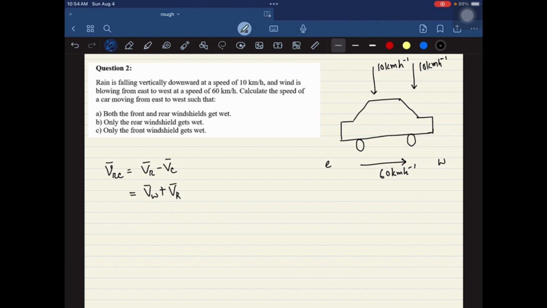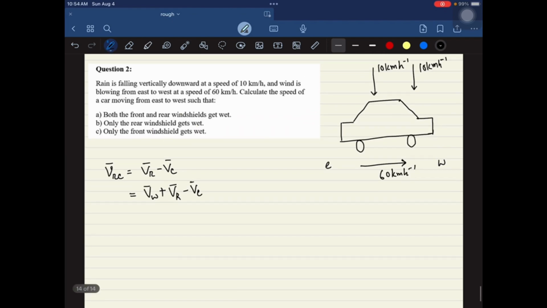This is the resultant or net velocity of rain, this is the actual velocity of rain, and this is the velocity of the car. So first we need VW. VW is what?